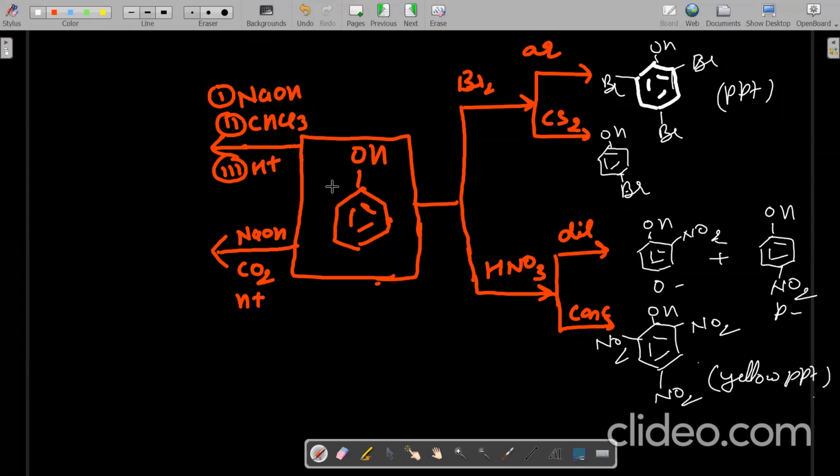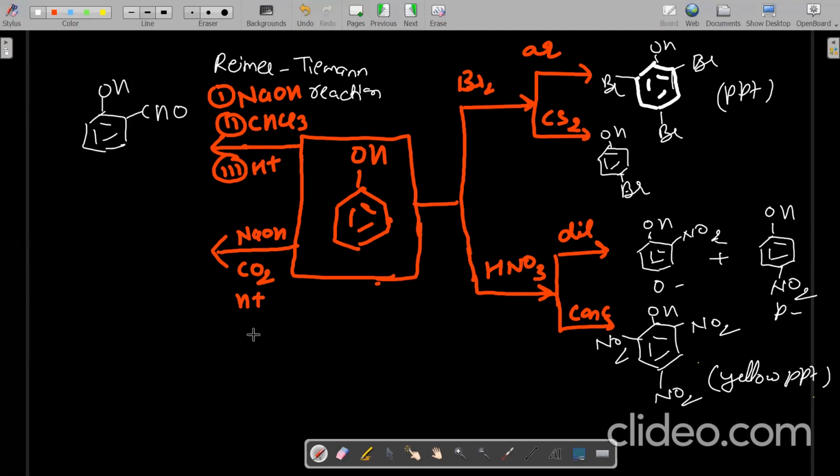In the Reimer-Tiemann reaction, a name reaction, phenol reacts with sodium hydroxide, chloroform and H plus to give the product. That product is called salicylaldehyde, with OH and CHO.